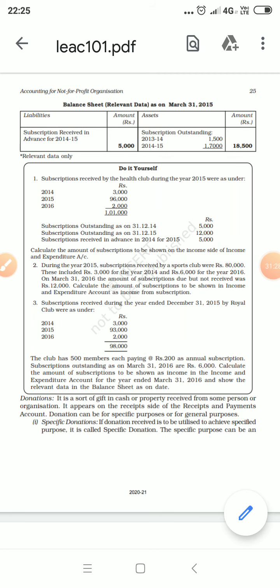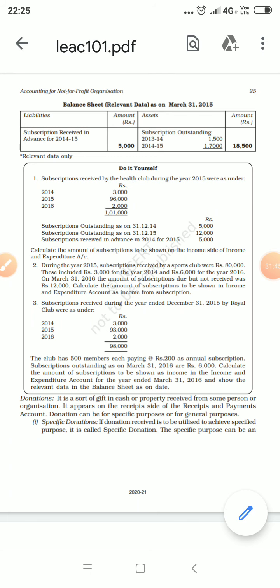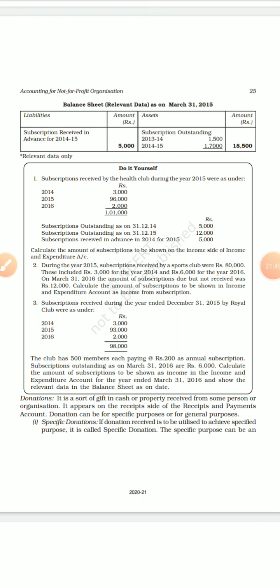First question, subscription received by health club during the year 2015 were as under. Whenever the firm's name or NPO's name is there, just write in the books of health club. Then you can proceed. Here they have given subscription in split ups of 3. What did I tell you?